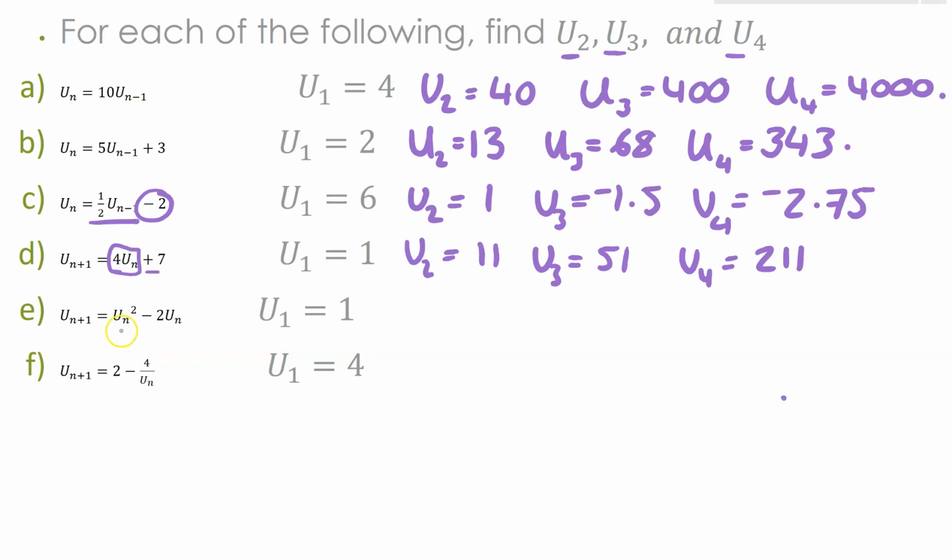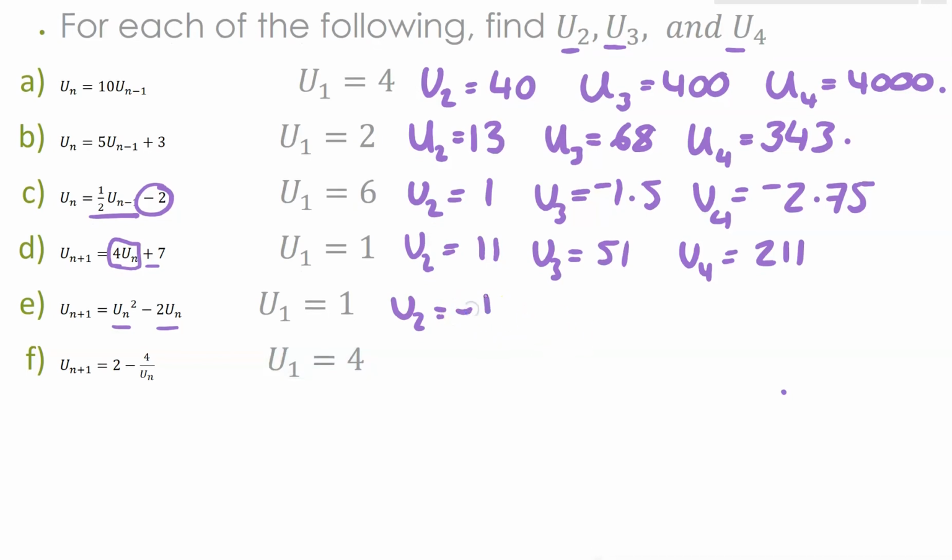Okay, we've got a squared going on here, so it's u n squared, so previous term squared, take away 2 lots of the previous term. So I'm going to write this one out a bit more fully. So square the previous term, take away 2 of the previous term. So that's 1 squared minus 2. 1 minus 2 is negative 1.